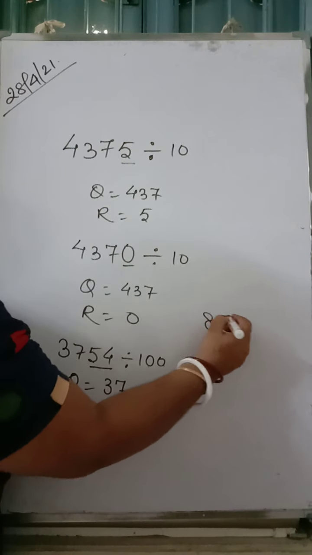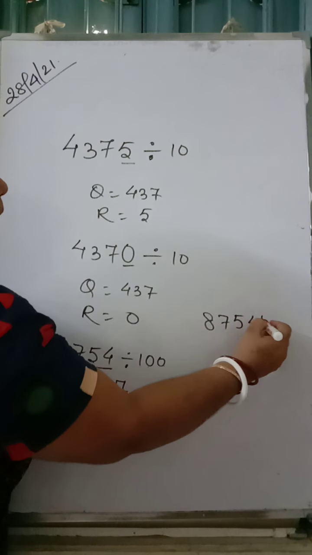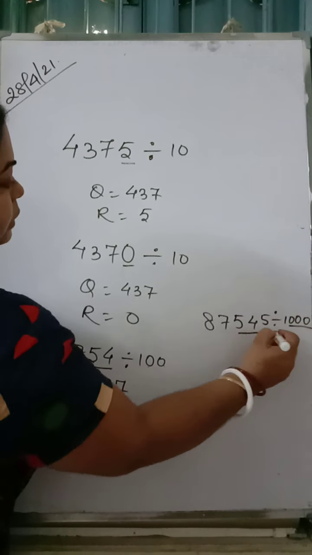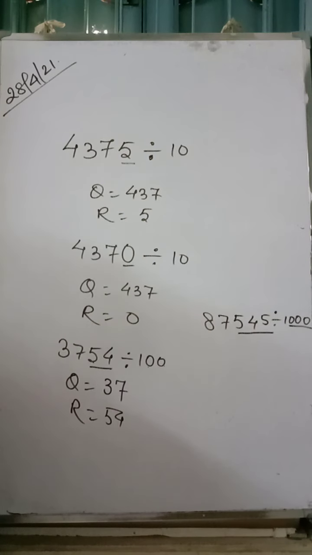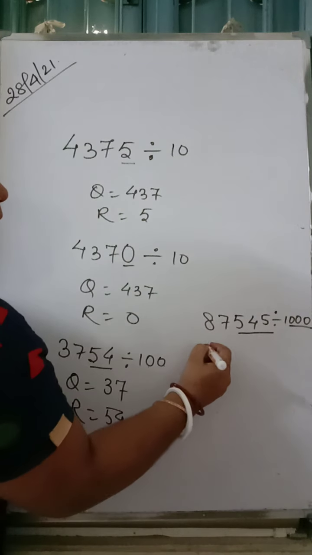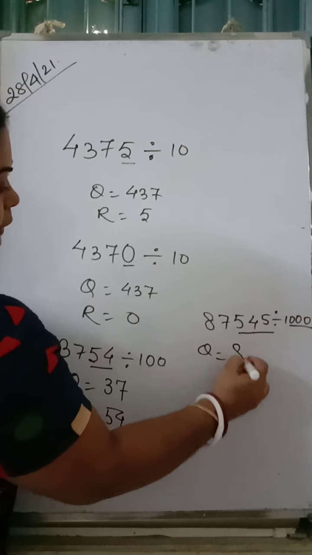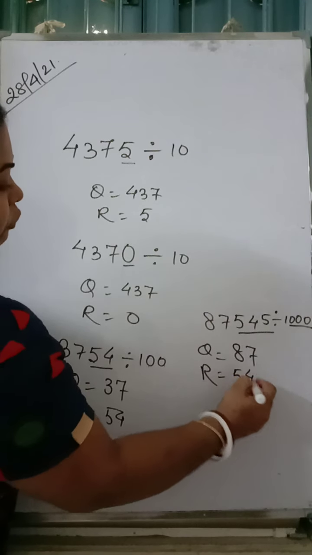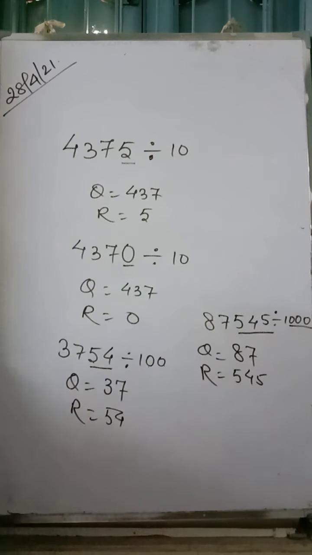If it is divided by 1000, 3 zeros, so the first 3 digits at ones, tens and hundreds will be the remainder, and the digits after that will be the quotient. Quotient is 87, remainder is 545. This continues.